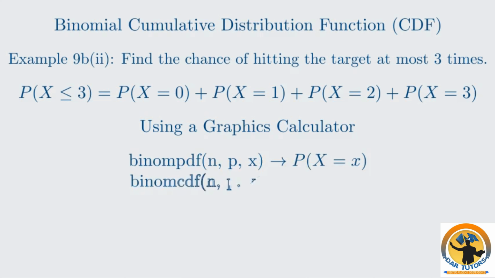For the PMF, you use PDF. For the CDF, you use CDF. For our problem, to find P of x less than or equal to 3, you would use binomCDF with the parameters n as 5, p as 0.9, and x as 3. The calculator provides the answer directly.